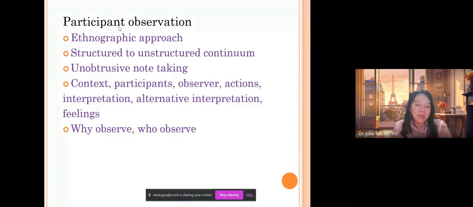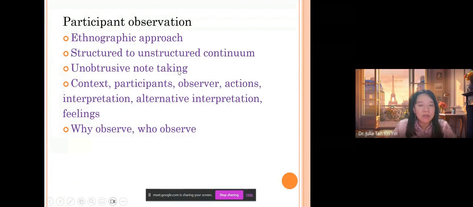We observe the participant, okay, and we reflect later. So, unobtrusive note taking. We take notes during our observation. We take pictures.